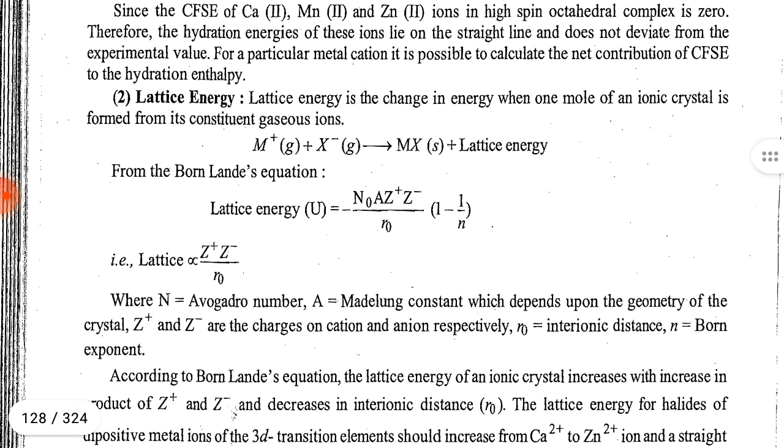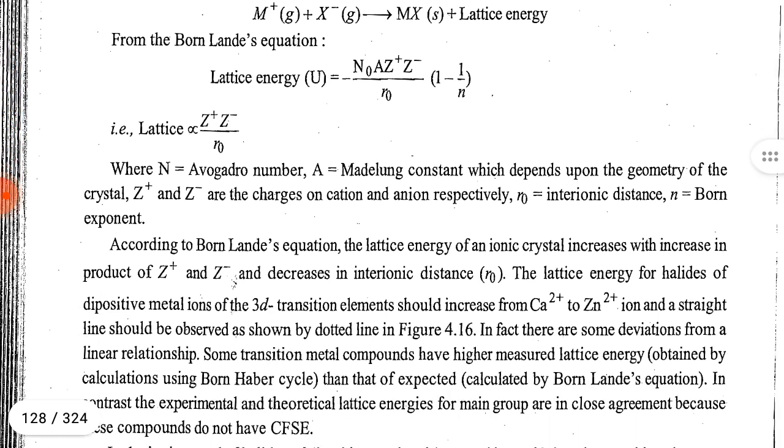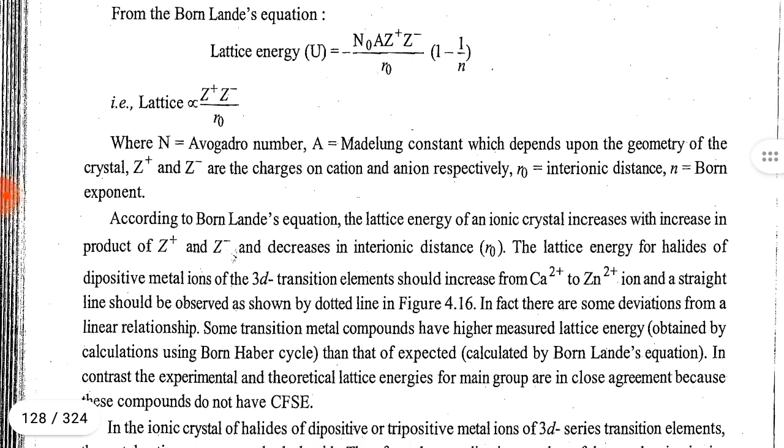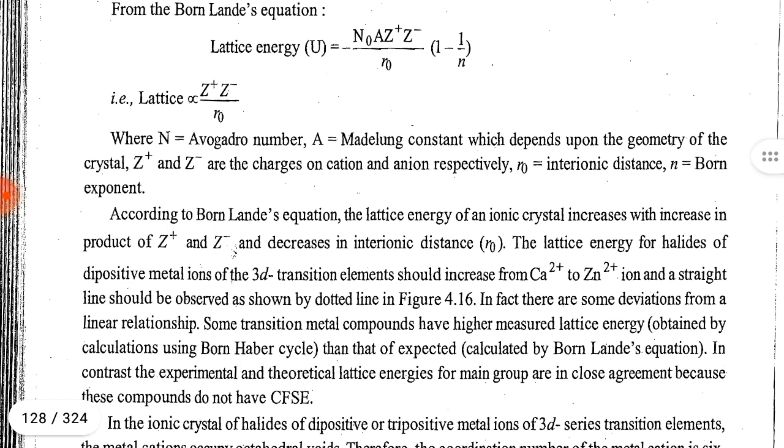Second, lattice energy. Lattice energy is the change in energy when 1 mole of an ionic crystal is formed from its constituent gaseous ions. M+ free ion in the gaseous state reacts with X- free ion in the gaseous state to give MX in solid and release lattice energy. From the Born-Landé equation, lattice energy U is equal to minus N0 A Z+ Z- upon R0 multiplied by (1 minus 1 upon n).